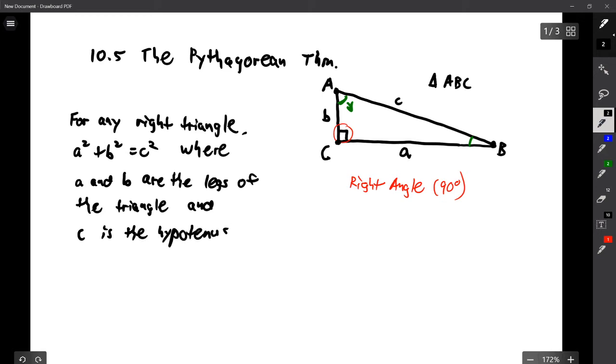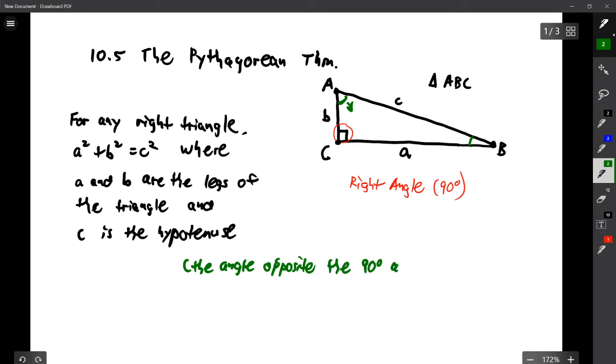hypotenuse. And what's the hypotenuse? It's the angle opposite the 90-degree angle. I'm sorry, the side. Sorry if that was really confusing for a second.